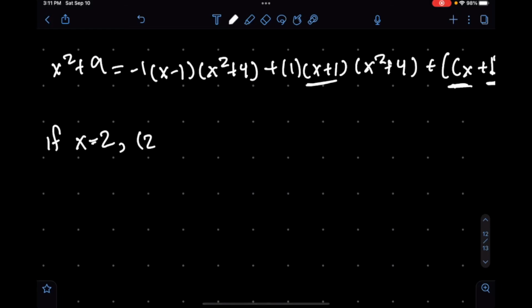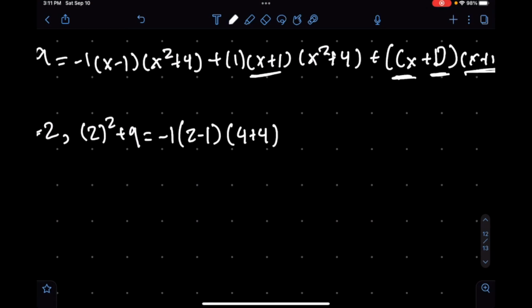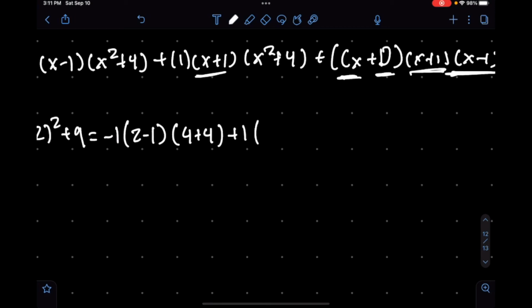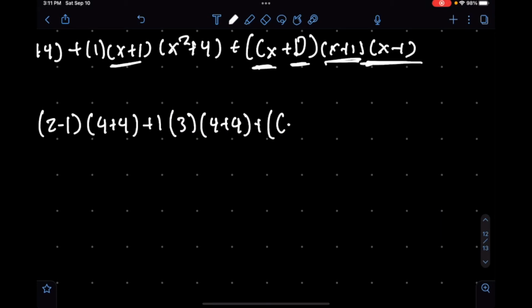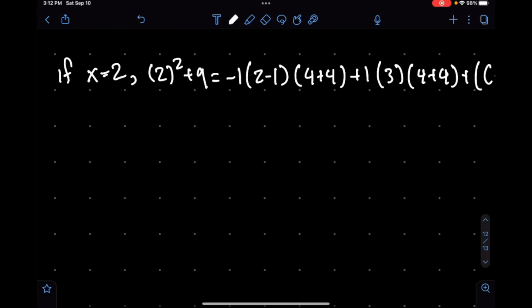So we get 2 squared plus 9 is equal to negative 1 times 2 minus 1 plus 4 plus 4 plus 1 times 3 times 4 plus 4 plus c times x minus 1 plus 3 plus 1, or times 3 times 1.